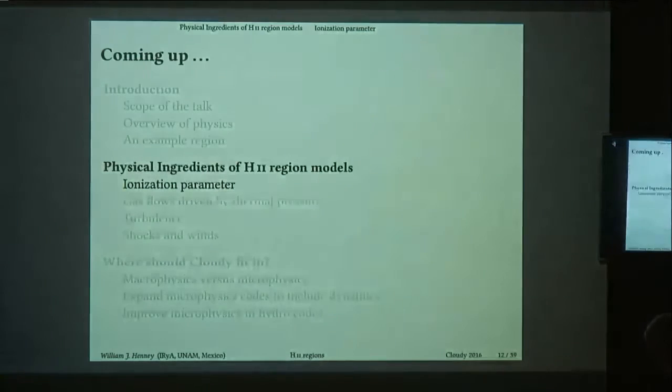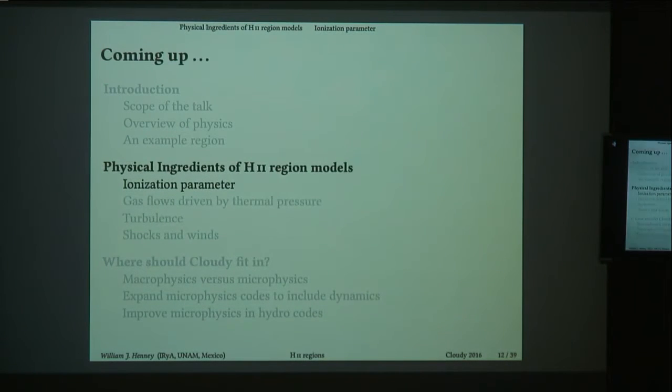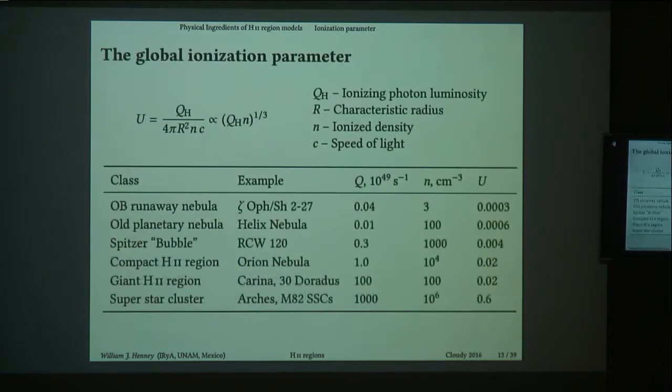Right. So, what sort of ingredients need to go into models of H II regions? Well, we're going to start with the ionization. The single most important parameter for an H II region, I would say, is the ionization parameter, and this has two different flavors: a global version and a local version. Here we're going to concentrate on the global ionization parameter, which is defined for the entire region.